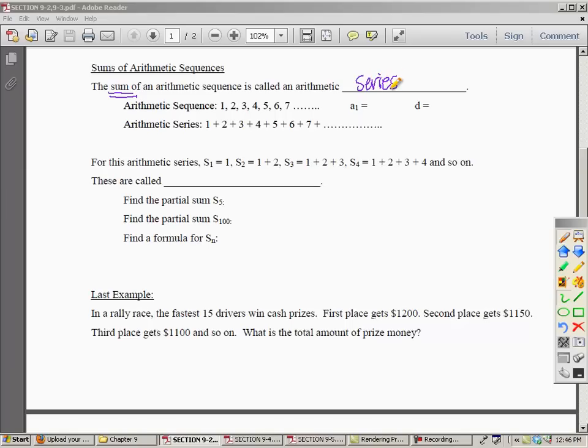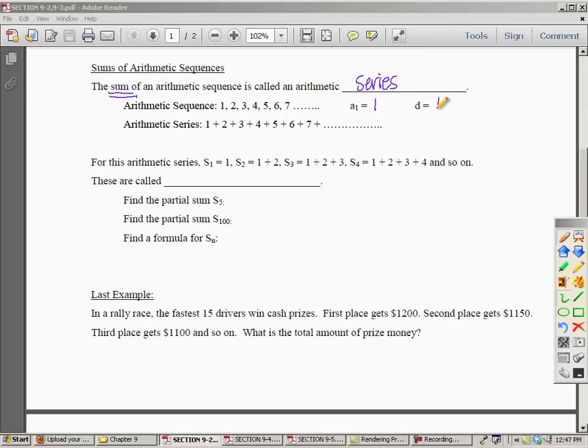Okay, and a series is basically when you're just adding up the sums. Now, as I look at this, let me look at the first one. My sequence, my first term is 1, and to get to each next term, my difference is 1 as well. In an arithmetic series, I'm going to take those and I'm going to add them up.